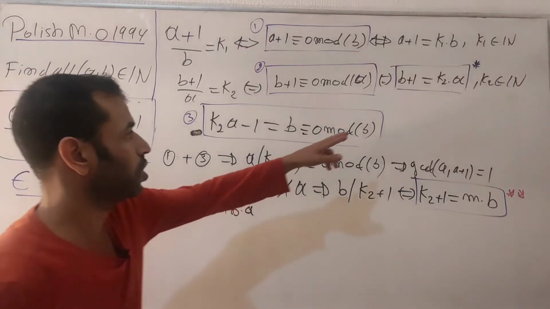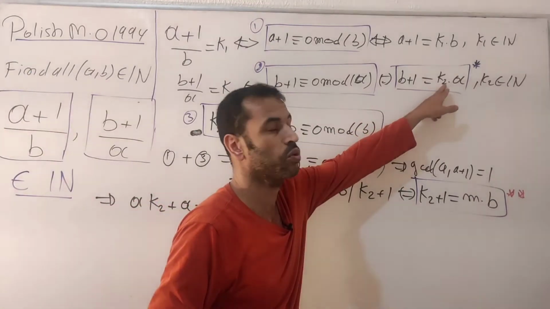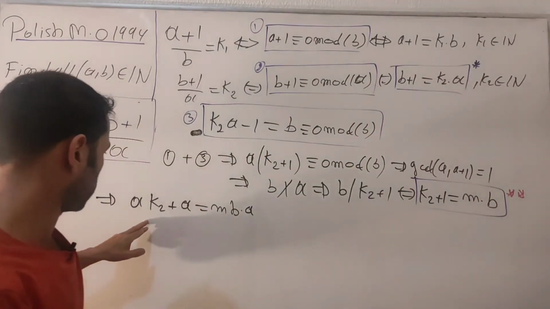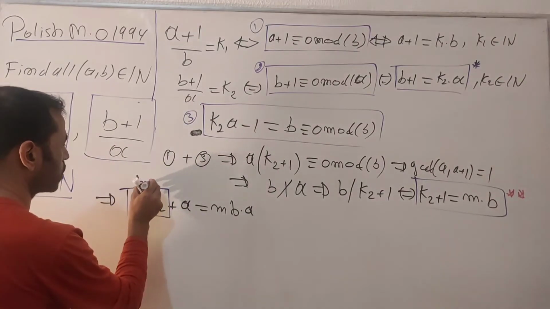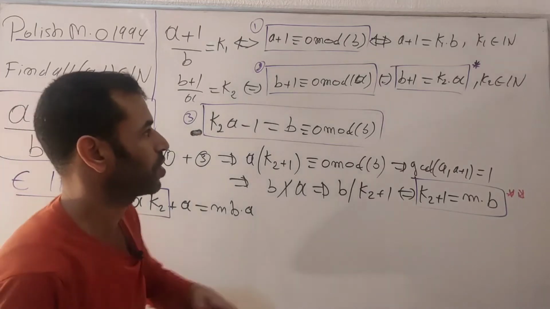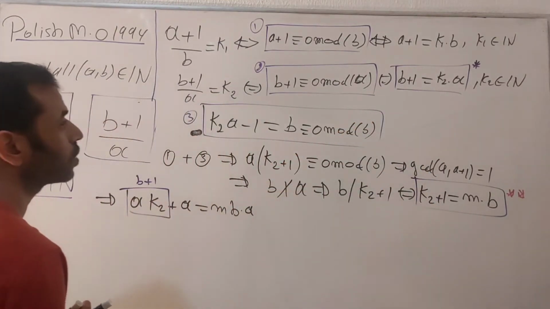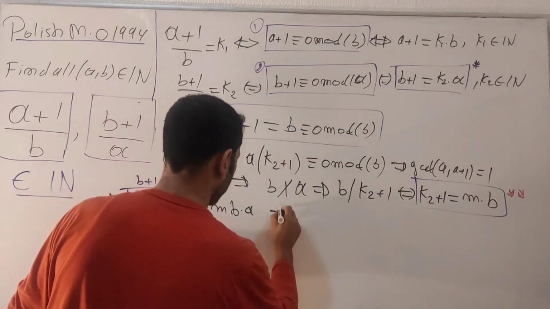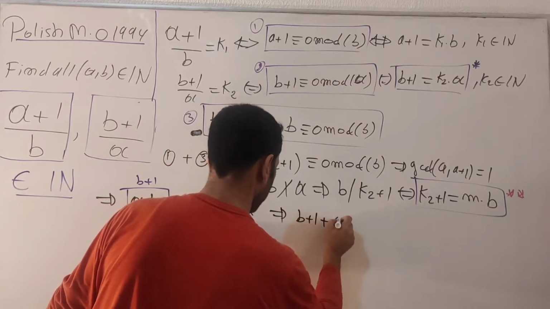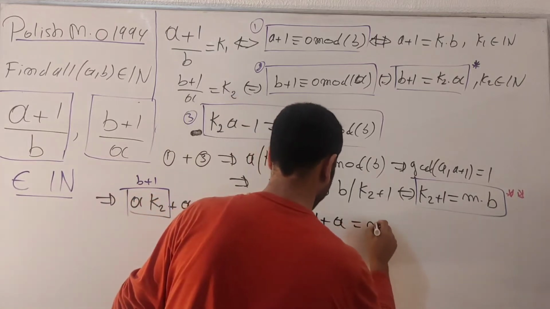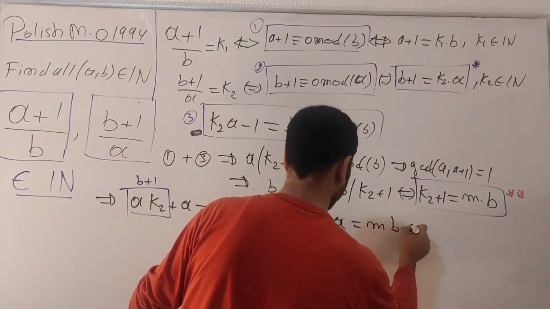Since I get a k2 here, I'm going to insert its value: this a k2 will be replaced with b plus 1. So now I will have b plus 1 plus a, which equals m b multiplied by a.